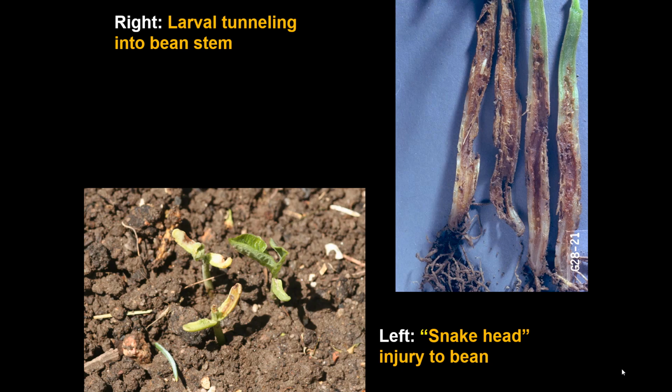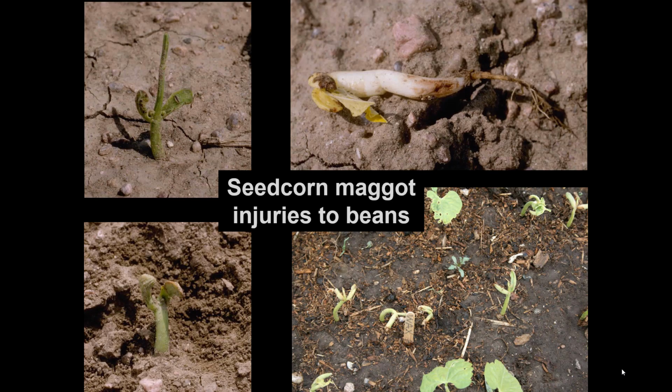But a very common symptom on beans, and something I just saw a week or so ago in my garden because I planted too early, is what's called snakehead beans, where the beans come up and the growing point's gone, and that's because it was killed underground by seed corn maggots, and oftentimes that is a plant that won't function. It can't live. It can't produce a new growing point. So these would be various kinds of injuries you might see from seed corn maggot just to beans.